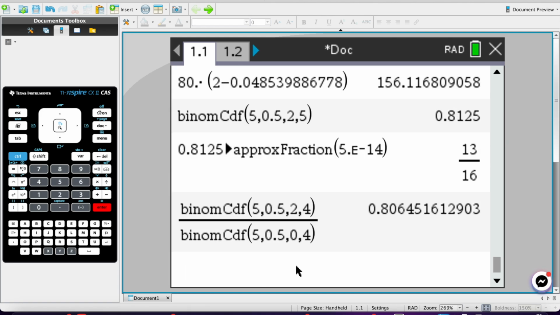And that gives us 0.806 to 3 decimal places. Let me just check that. 2 to 4 on the top. Yeah, and 0 to 4.